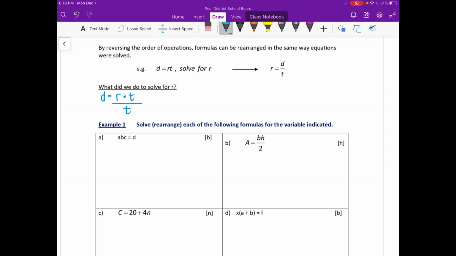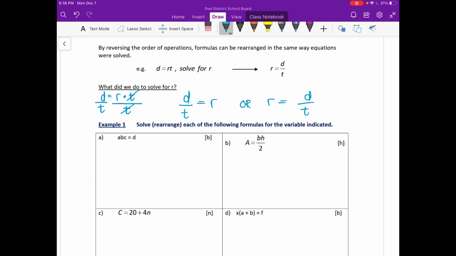Whatever I do to one side of the equation, I must do to the other, so I'll have t over here. These two t's will cancel each other out because t over t is just 1, and then I'll be left with r. So d over t is equal to r, or you can write it as r is equal to d over t.